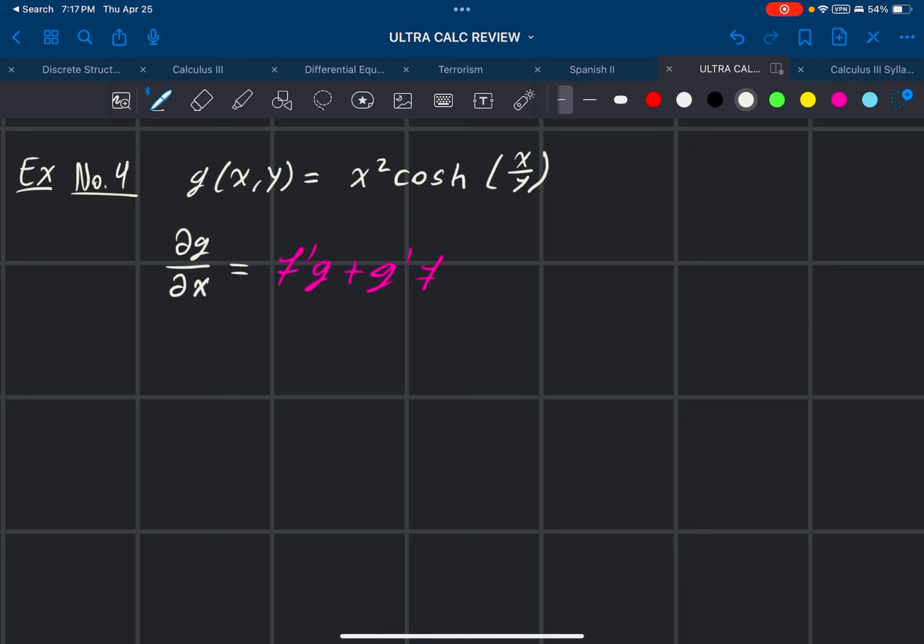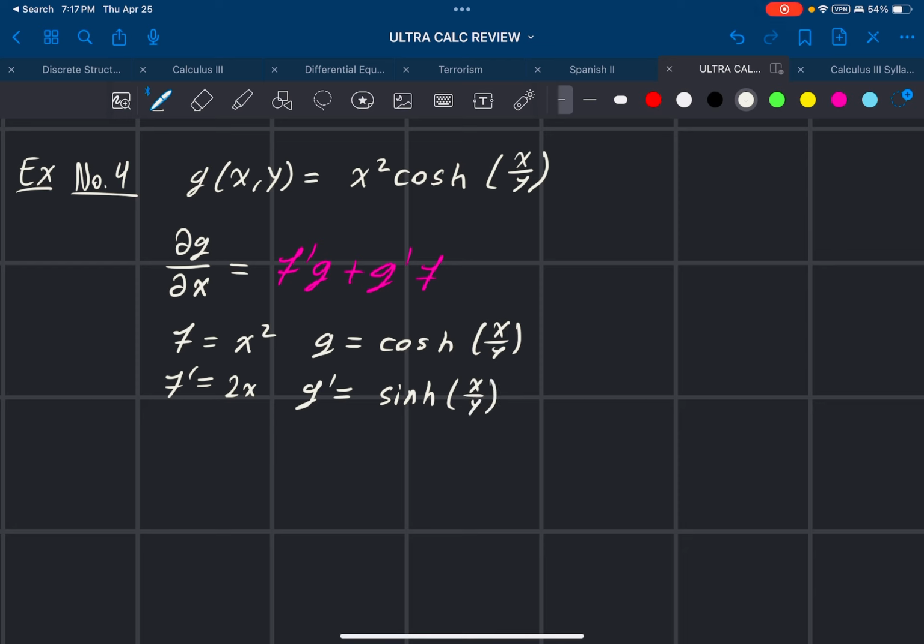So let's go ahead and define these. f will be x squared. f prime would be 2x. g would be cosh x over y, and then g prime would be sinh x over y. But remember that we're doing the derivative with respect to x.